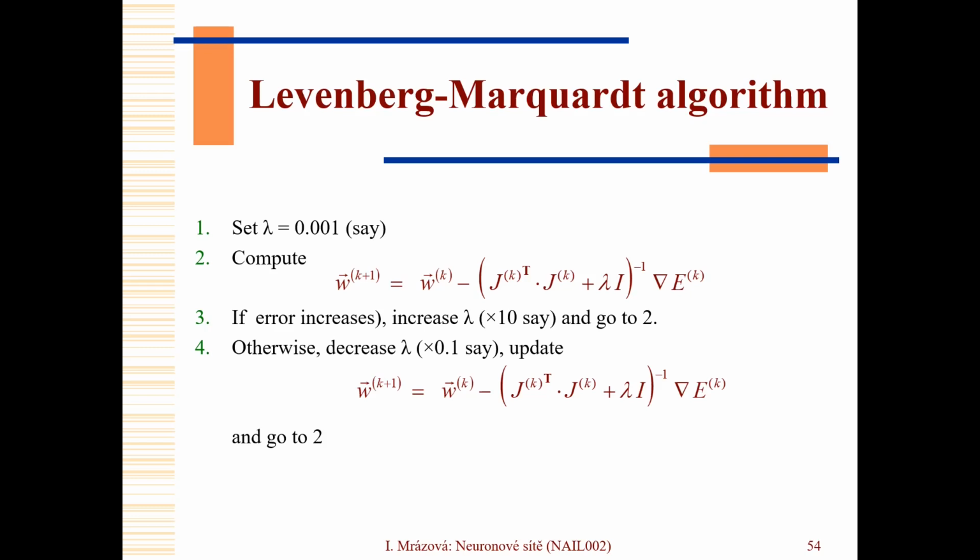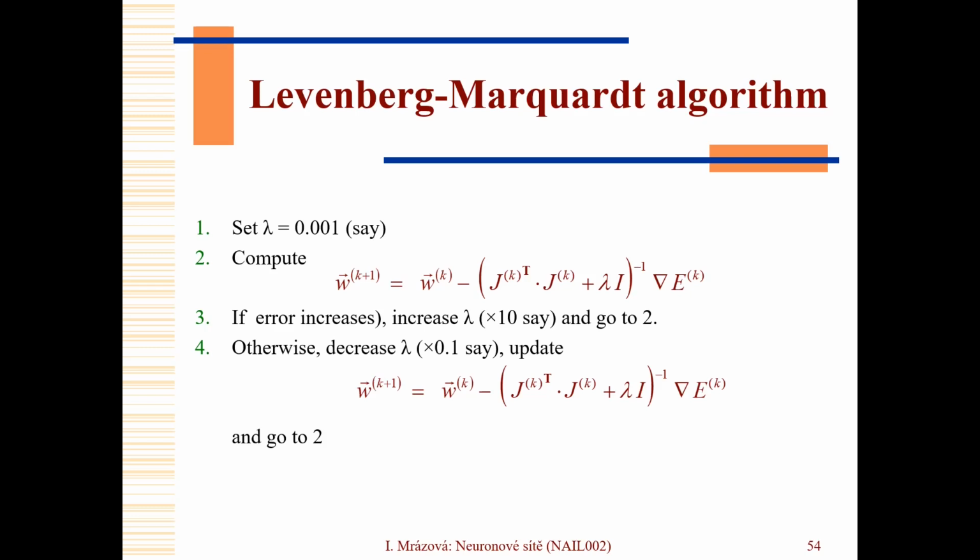If the error increases, then we shall increase the value of lambda, let's say 10 times. This would mean that we were wrong with the assessment according to pseudo-Newton.